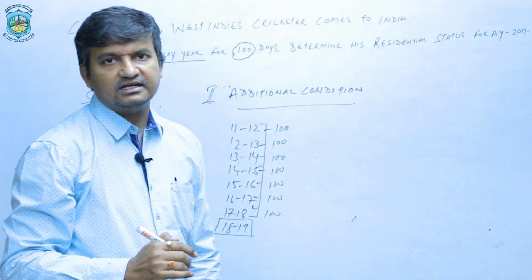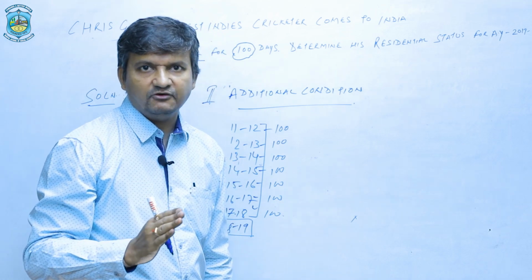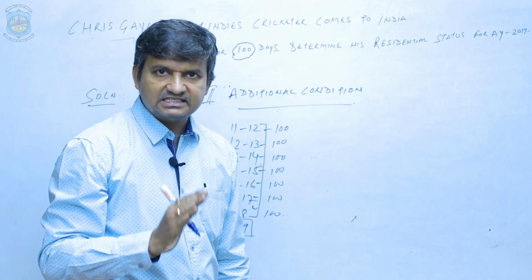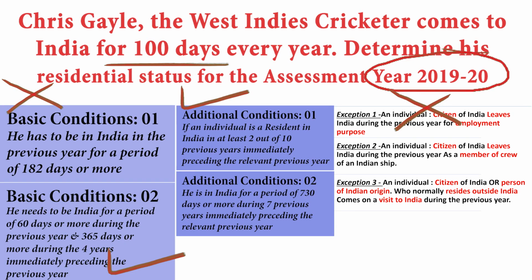So in 7 years he is only in India for 700 days, which is less than 730. It means he is not fulfilling the second additional condition, because to fulfill it he needs to be in India for at least 730 days and he is in India only for 700 days.